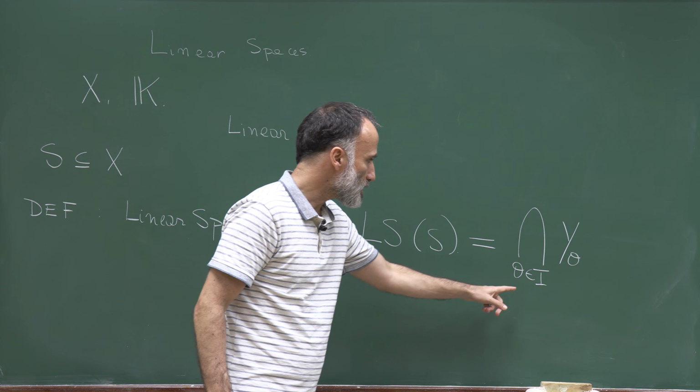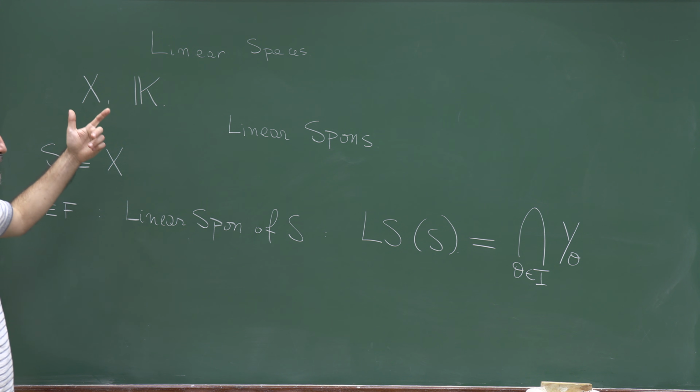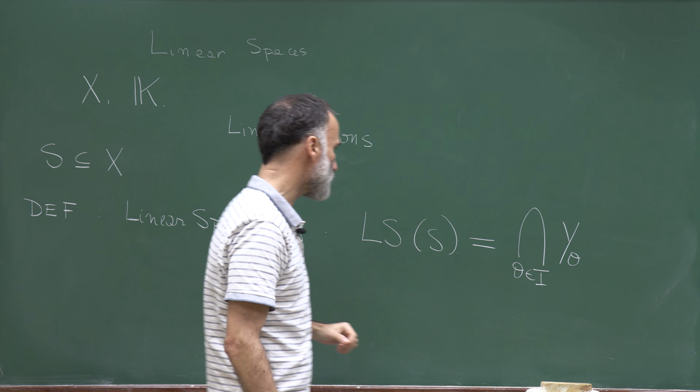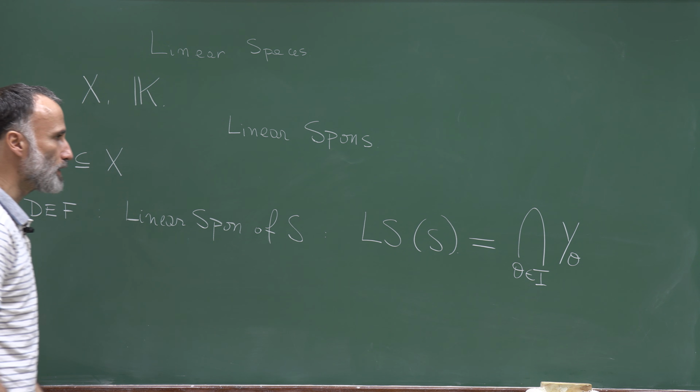Note that this intersection is not empty because X is certainly a linear space which contains S. So at least X belongs to this intersection. And this is the definition of the linear span.